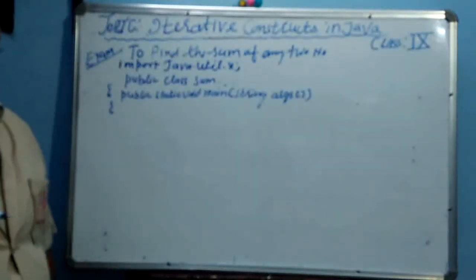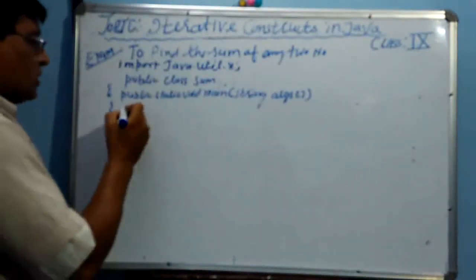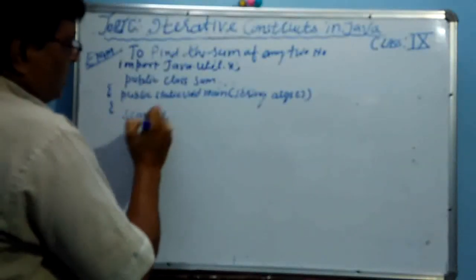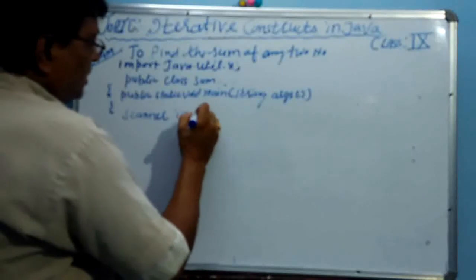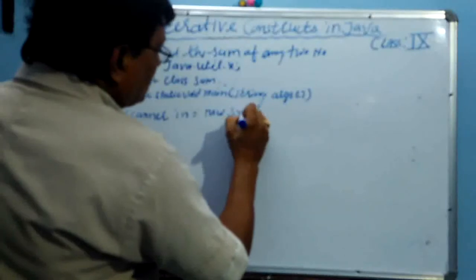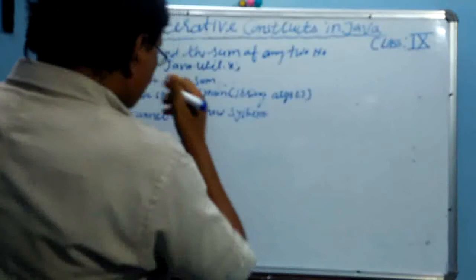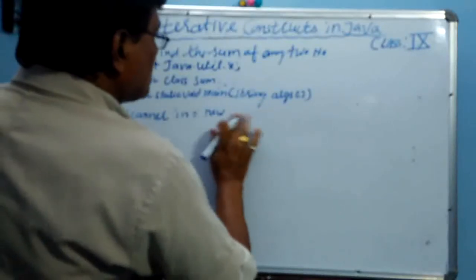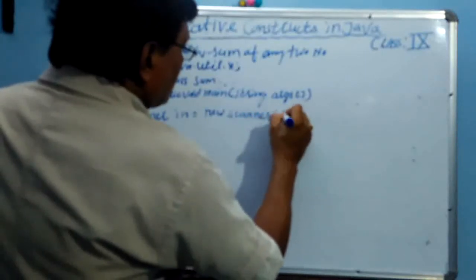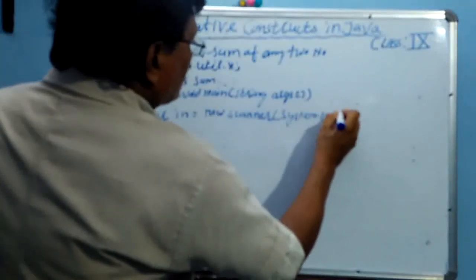Now we have to use the Scanner class. You can use any class, but we are using Scanner here. Scanner n is equal to new Scanner(System.in).